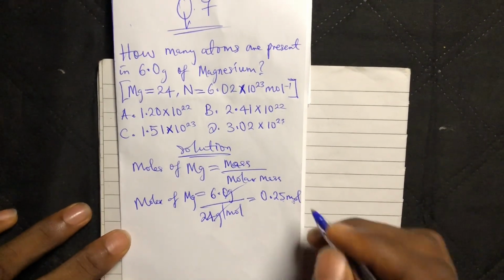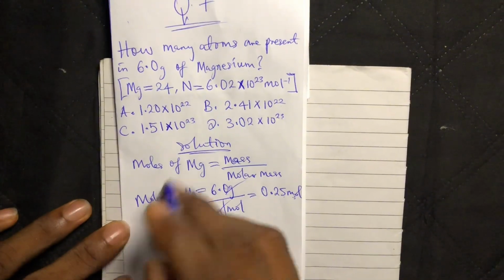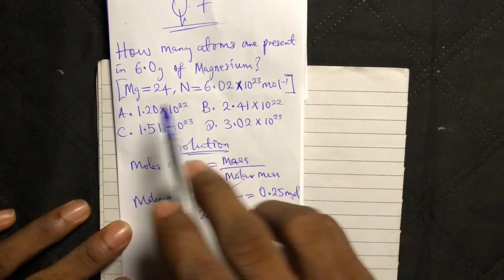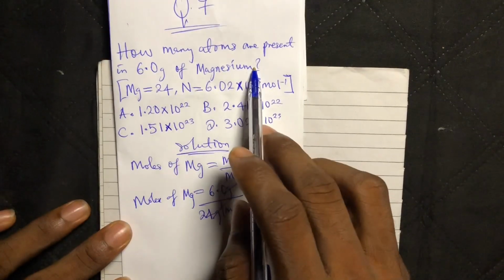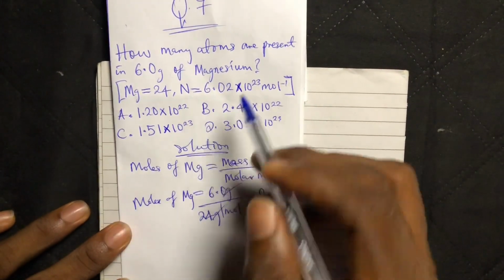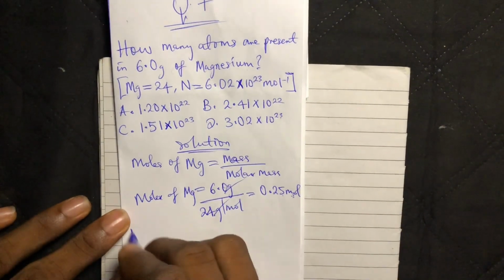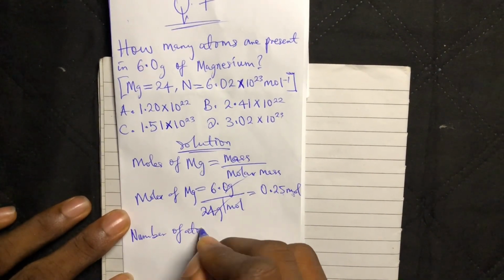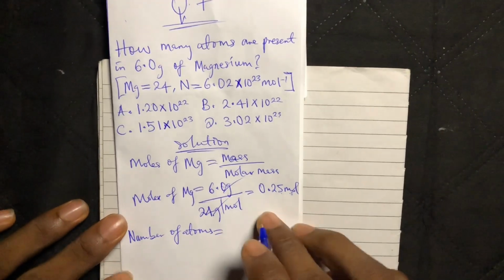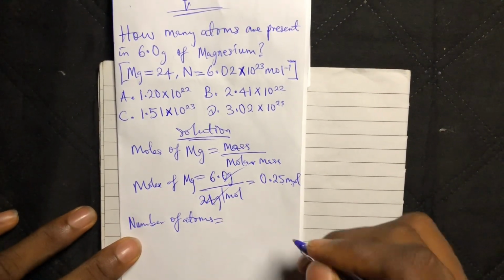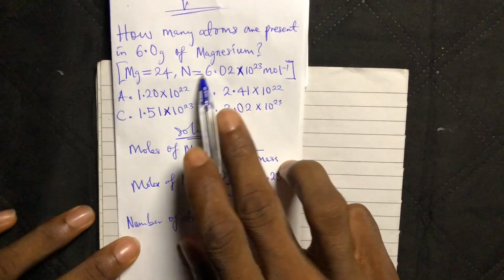So doing that, we are going to write number of atoms, because the question says how many atoms are present in 6.0 grams of magnesium. So the number of atoms present in 6.0 grams of magnesium is what? So we are going to write number of atoms equal to, now the number of atoms is equal to mole times number of atoms, which is the constant.